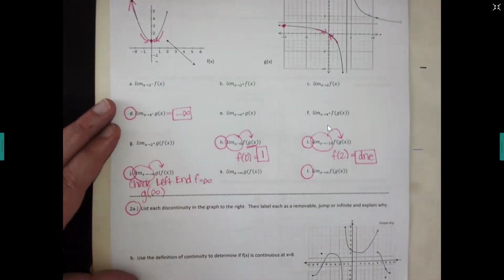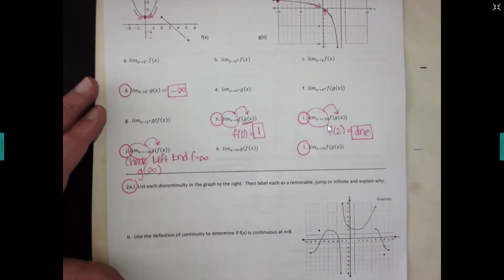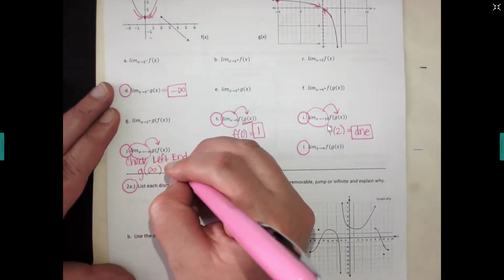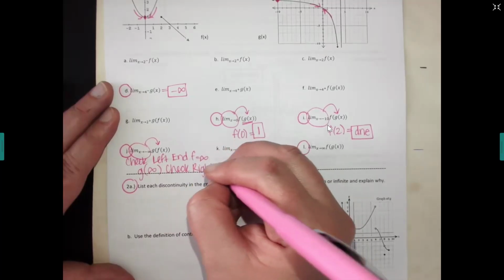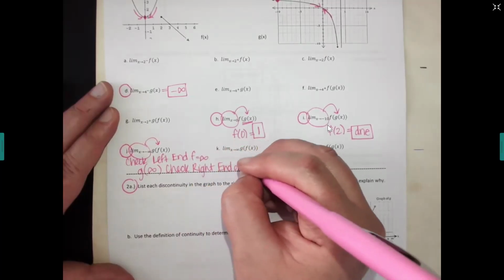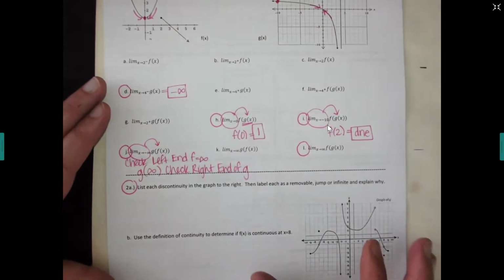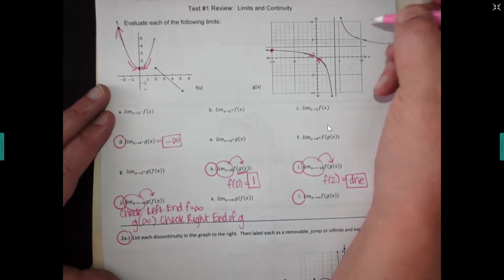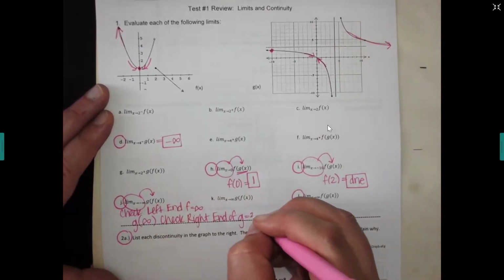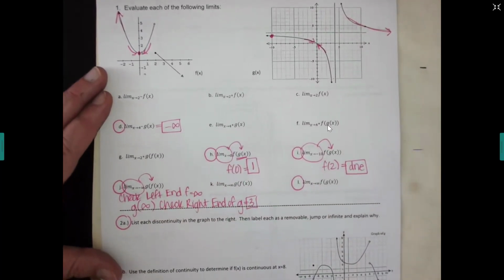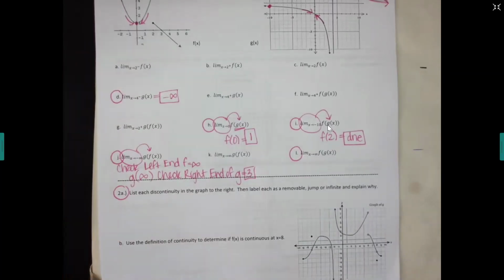And which end of the graph would that be? The right end. So I'm checking now the right end of g. And then if I look at the right end of g, it looks like it's curving off towards what particular value here? 3 is correct. Okay. So the letter for J should be 3.